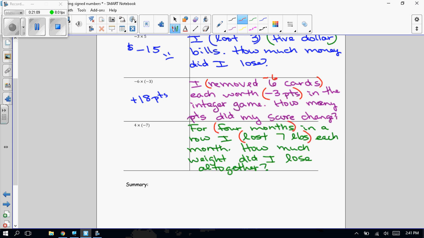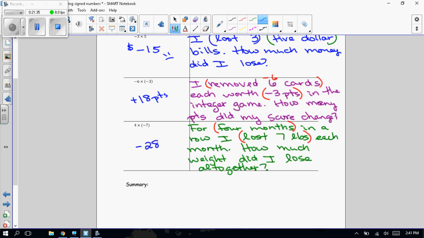So look at the spot where I was picking up cards that were of negative value. So 4 times 7, that's 28. And then what quadrant is it in? I'm adding negative 7 cards, so it's going to be a negative 28.